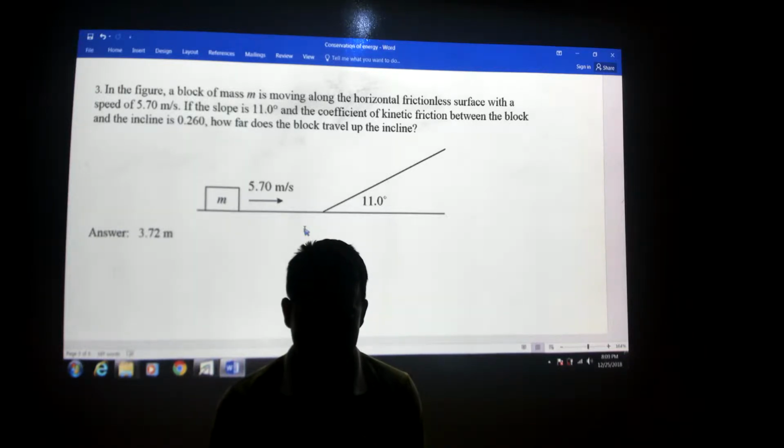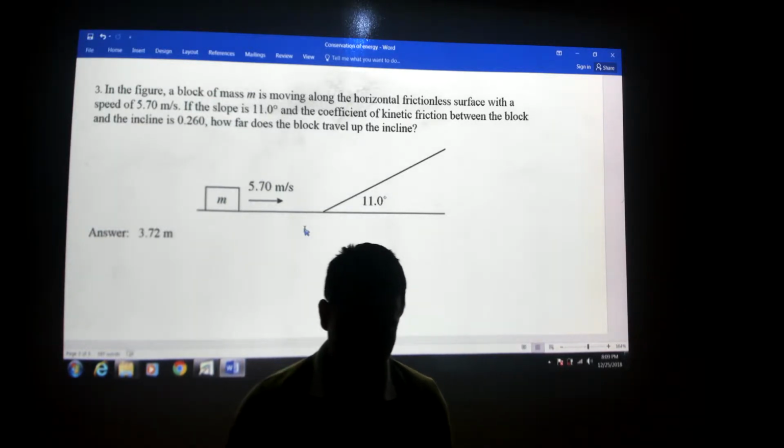So some energy will be lost in the form of frictional energy, which is non-conservative energy. But again, the total amount of energy has to be the same. That means the total work done, we have to find out.